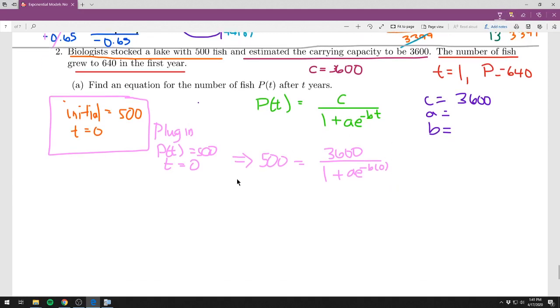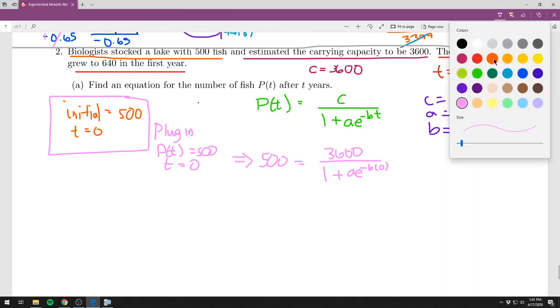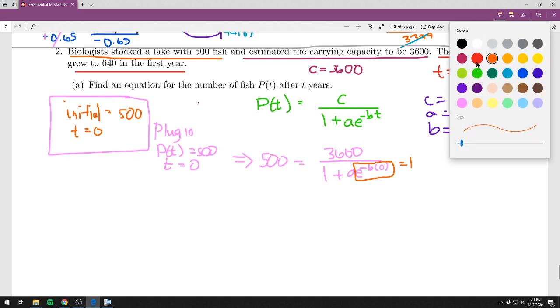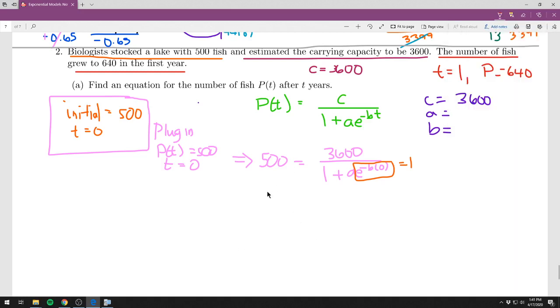Now at first this also looks really bad, but what do we know about anything raised to the 0 power? It is 1. E is being raised to the 0 power, so this equals 1. Negative b, whatever b is, we're multiplying by 0, so the exponent there is 0, and we get 1.